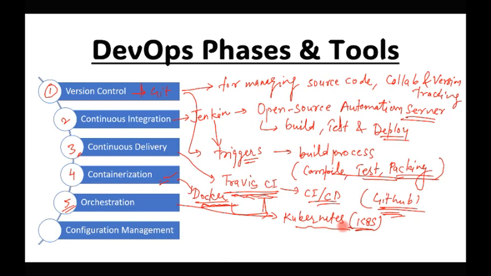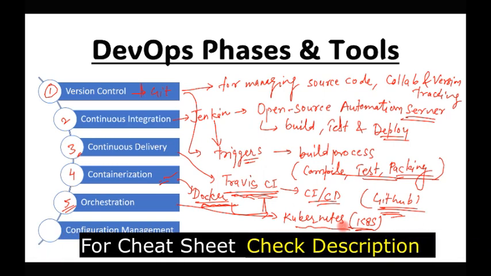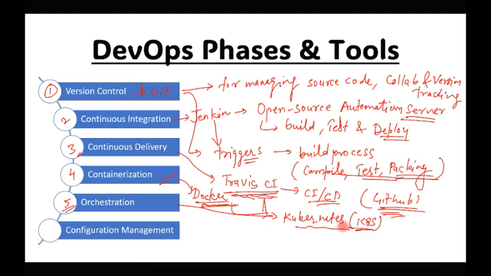We can use Kubernetes for scaling, container orchestration, and managing microservices. In real-time scenarios, Kubernetes runs on a cluster of machines and automates the deployment, scaling, and networking of containerized applications. It can automatically scale applications up and down based on demand.